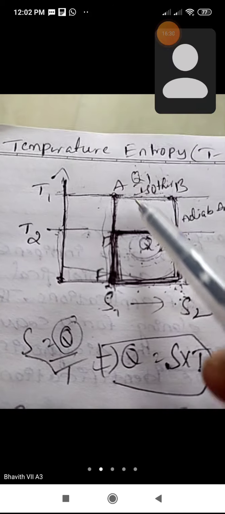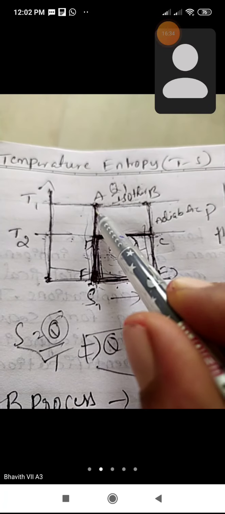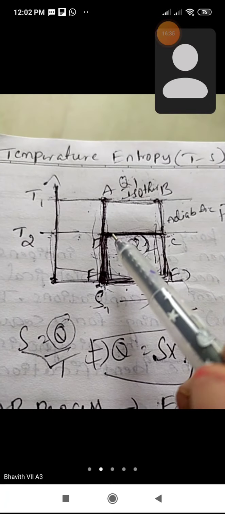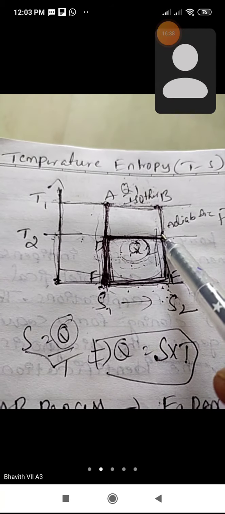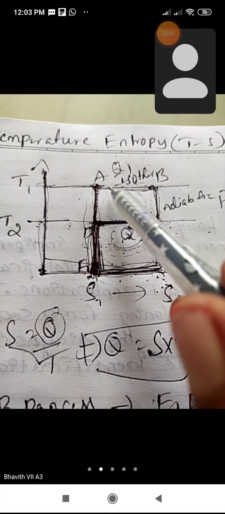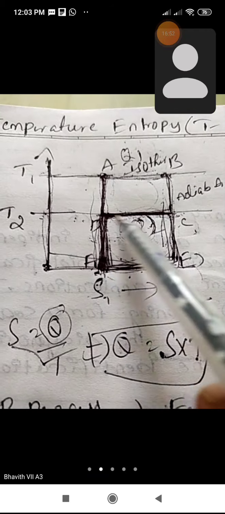In this diagram, look at the area of ABEF. This is one rectangle box, minus DCEF. If I subtract this area, we get the area of ABCD. Do you understand? This is Q1, this is Q2.